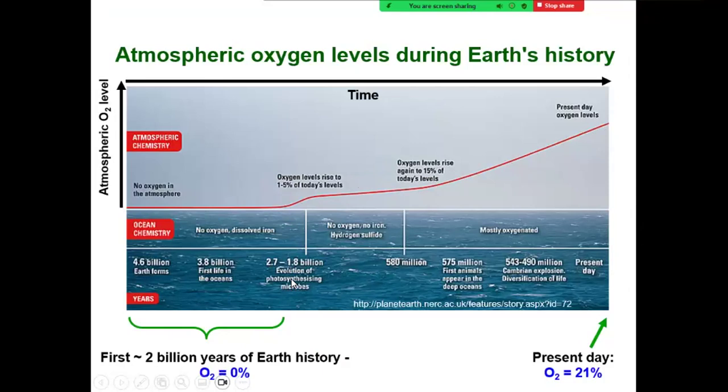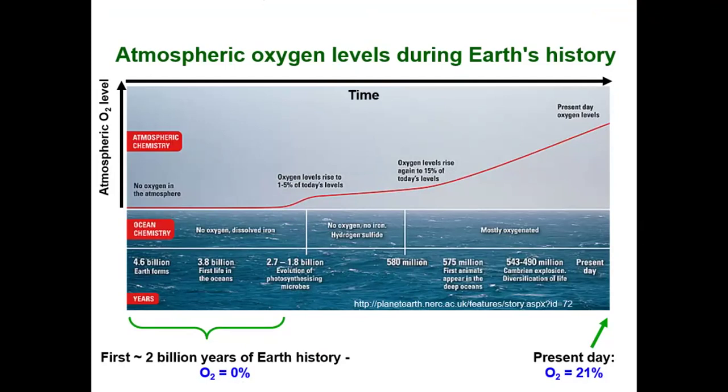Between 2.7 and 1.8 billion years ago, we had the evolution of the first photosynthetic microbes, algae and cyanobacteria in the ocean, making oxygen and putting it into the air, resulting in oxygen levels rising to 1 to 5%.